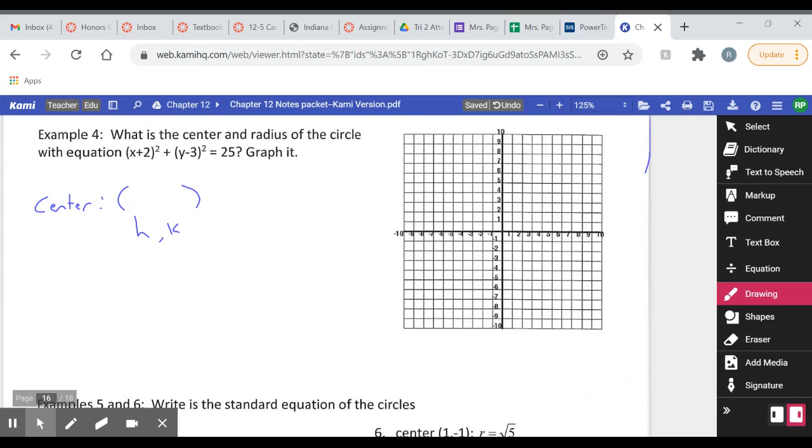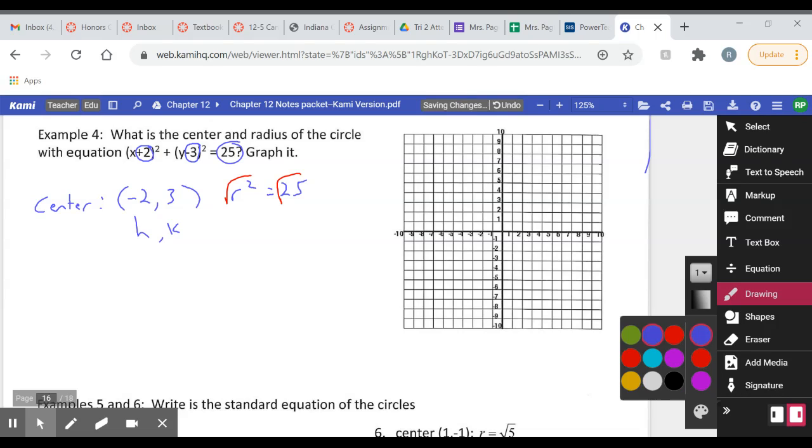The h is basically the opposite of that number, which is negative 2. And my k is basically the opposite of that number, which is positive 3. And my radius, if I know that r squared is equal to this number, which is 25, then I know that the radius is actually equal to 5.